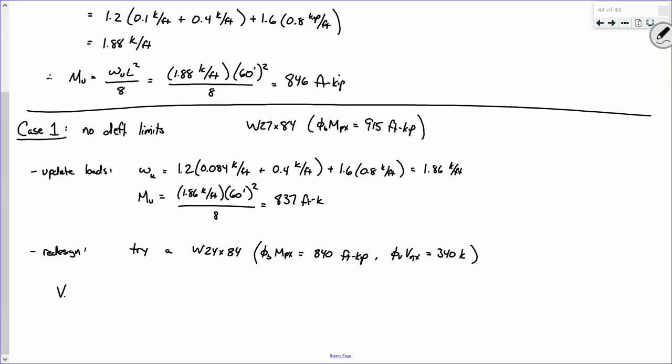Now we compare that against the factored load, okay? All right? The factored load is WUL over 2, right? That's the maximum shear on a simply supported beam, right? Okay. So plug and chug.